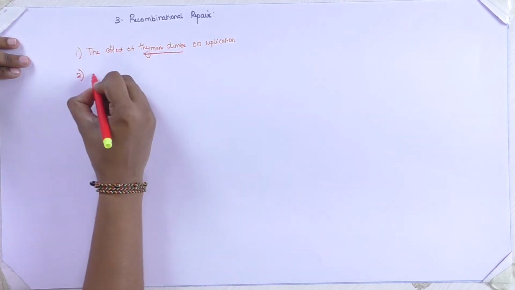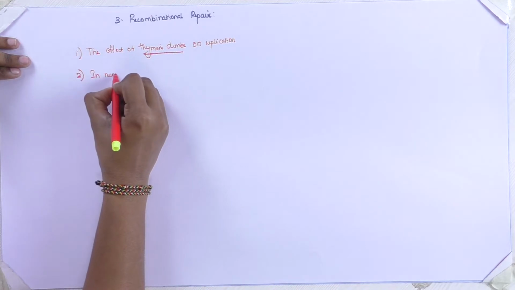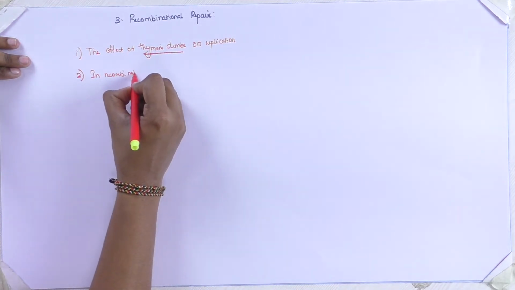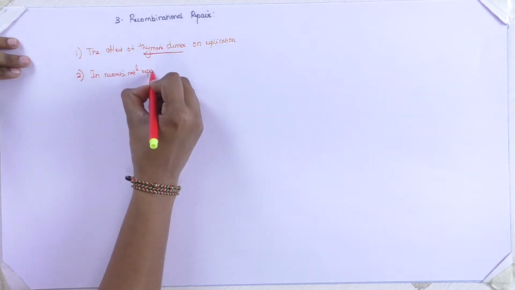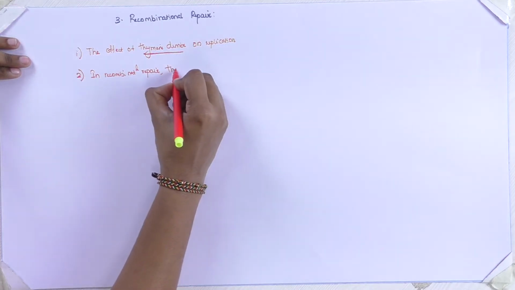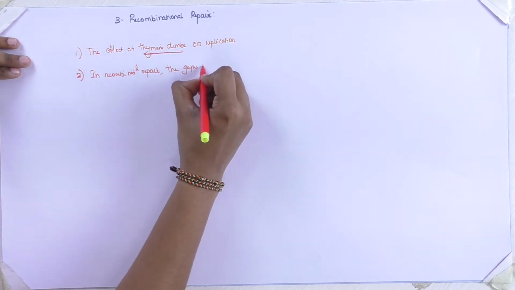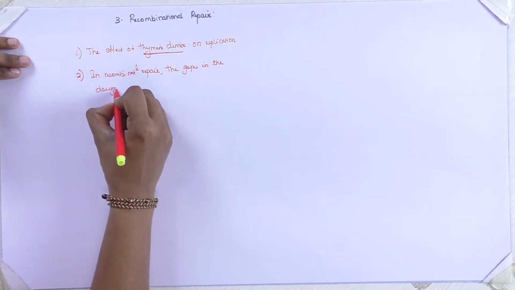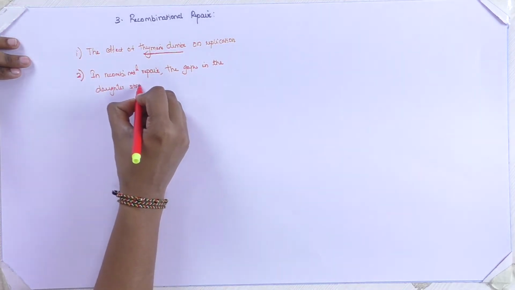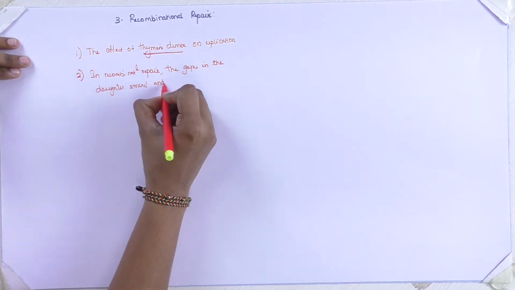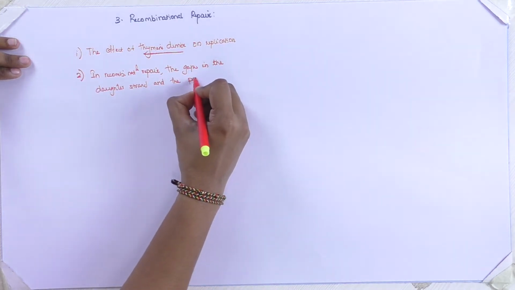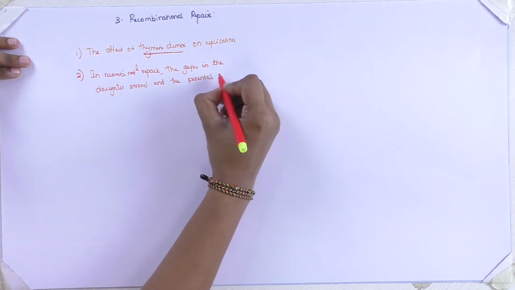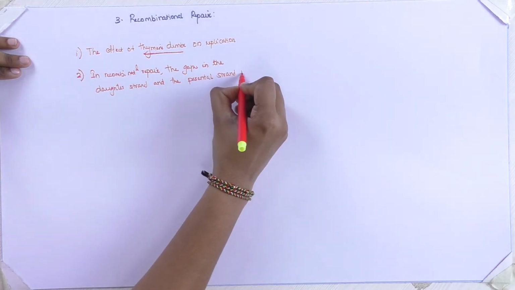The second one is, in recombinational repair, the gaps formed in the daughter strand and the parental strand during the dimer removal are repaired.